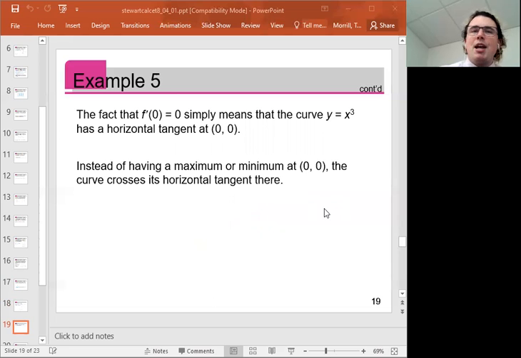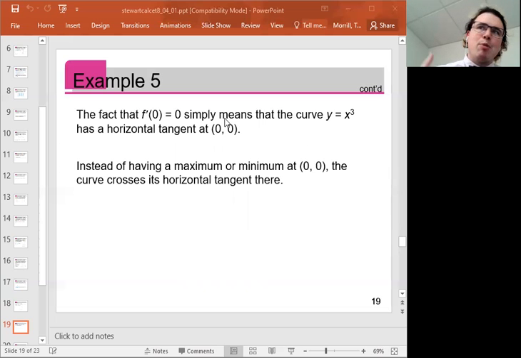Now, what this is saying is that the function does have a horizontal tangent line there. All local minimums and local maximums, if they have a tangent line, that tangent line will be horizontal, but not all horizontal tangent lines are indicative of a maximum or a minimum. So this is something to be really careful about as to what means what.